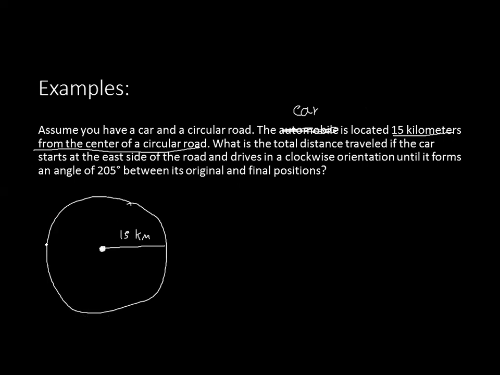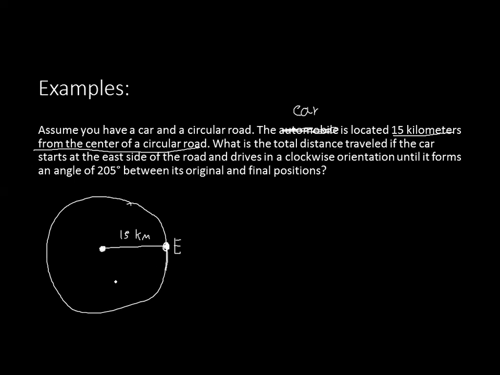Then what's next? It states here, what would be the total distance if the car starts at the east side of the road? So this is east, right? Then you drove in clockwise orientation.